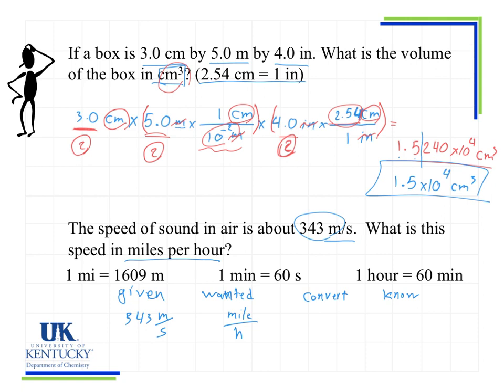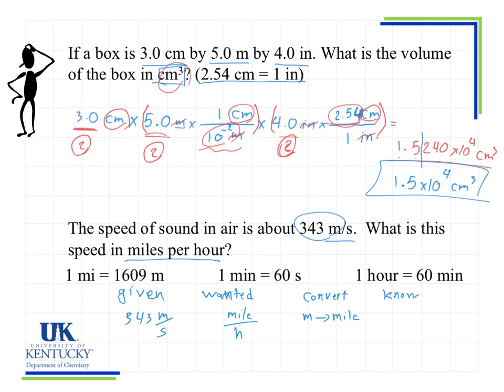What do we need to convert? We need to convert meter to miles. It was better to talk about it a little bit. So we want to convert meter over second to miles per hour. But it's not like we have a conversion directly between these two ratios as speed units.